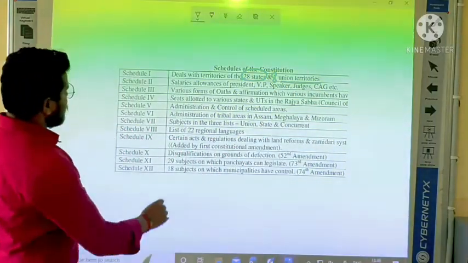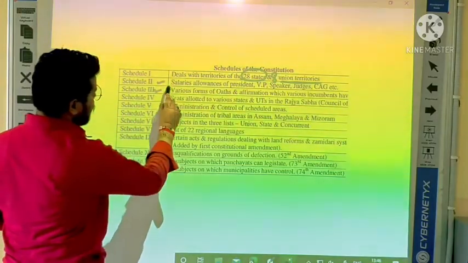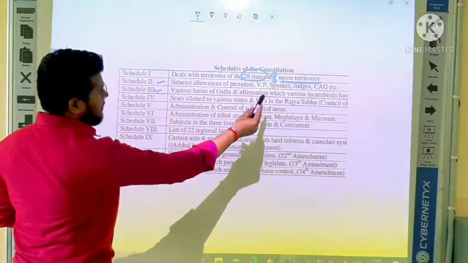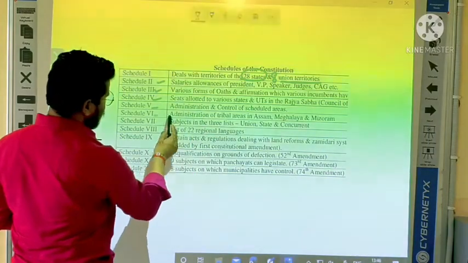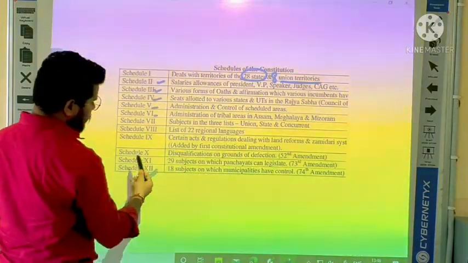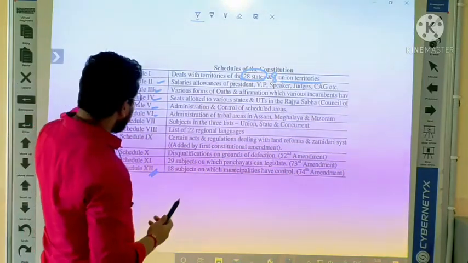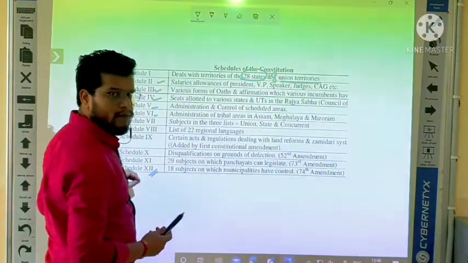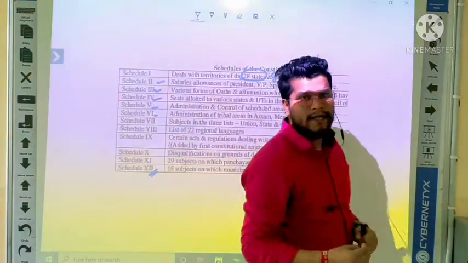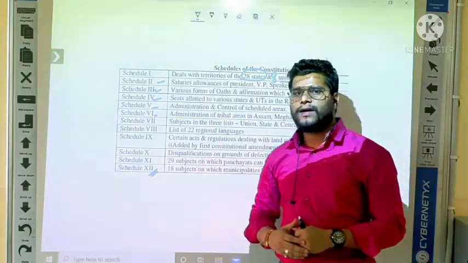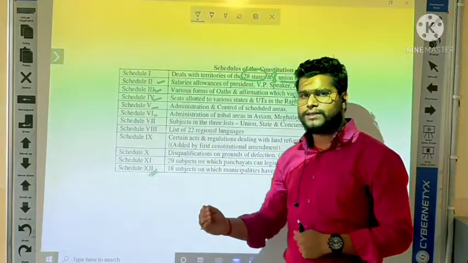Same way, schedule 2 and schedule 3 contain the government policies. Schedule 4, schedule 5, 6 and so on, up to schedule 12. So all these are schedules. Okay students, and what I showed you earlier were the articles and parts.